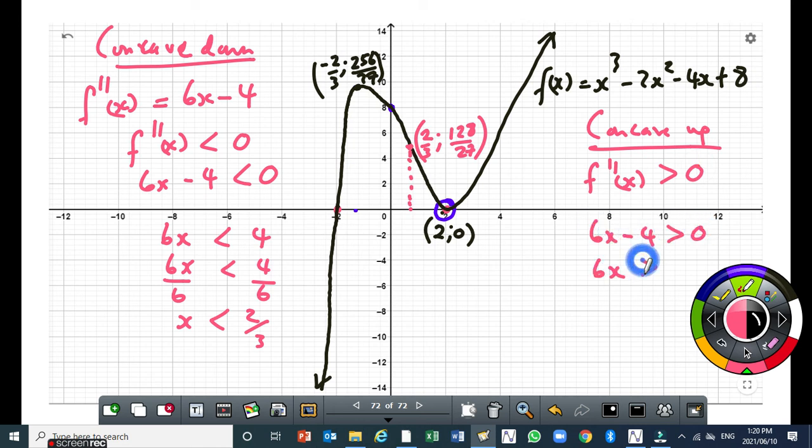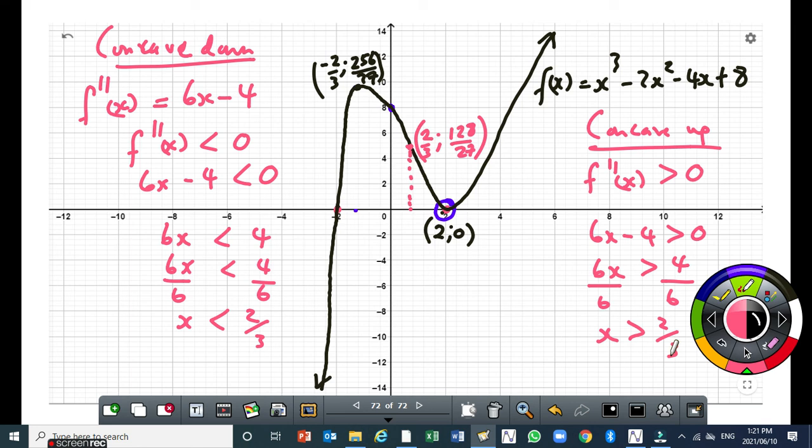Therefore, 6x is greater than 4, and then you divide both sides by 6, you get x is greater than 2 over 3. You can also get that answer from the graph. To the right of the point of inflection, the graph is concave up, which means all the values of x are greater than 2 over 3. Okay? That's one type of question. Either it can be concave down or concave up. Not both. They will bring one of the two.